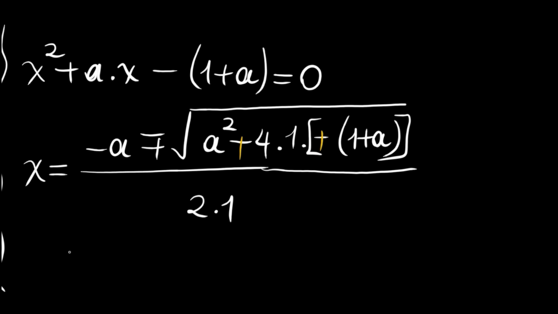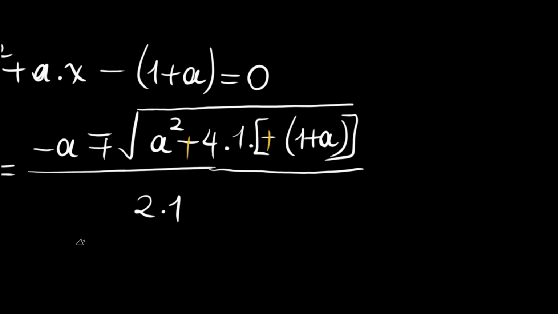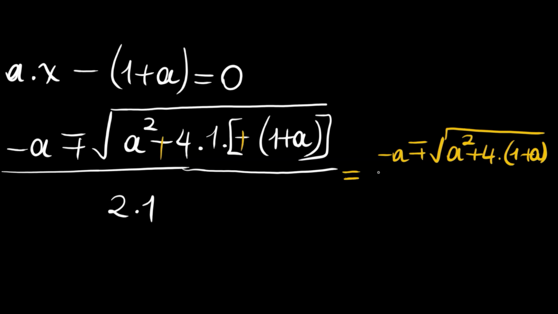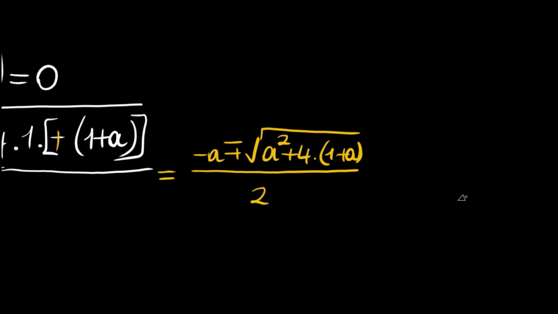So we have x is equal to negative a plus or minus the square root of a squared plus 4 times (1 plus a), divided by 2 times 1, which is 2. And the numerator here becomes negative a plus or minus the square root of a squared plus 4 plus 4a.